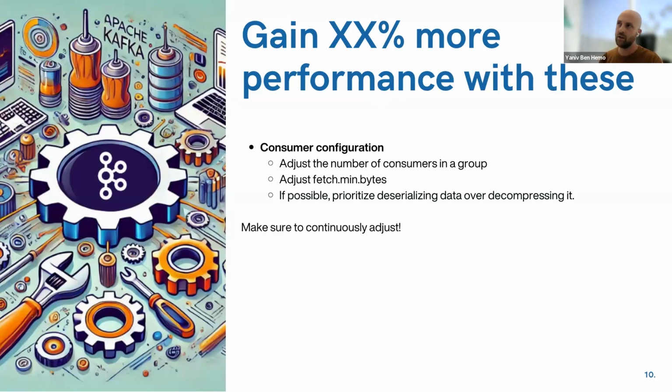But at the end of the day, you will pay for it in the added latency and CPU utilization on the decompressing side, while you can have both worlds by serializing the data, which is a lot easier method to use for reducing payload size. Not easier, but definitely much more efficient. And make sure to continuously adjust those.